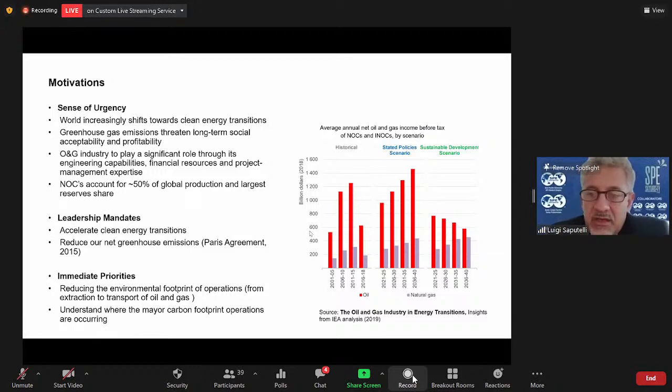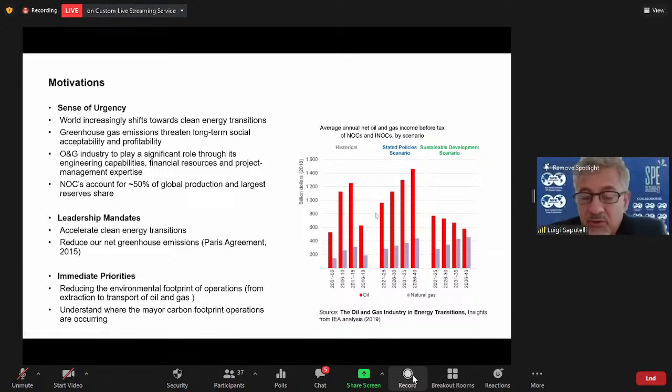Now, you are aware that this income for the national oil companies is more than that. A great portion of the GDP comes from the oil and gas income. Therefore, it is quite relevant to think that these elements are part of the day-to-day and the most important point in the agenda.